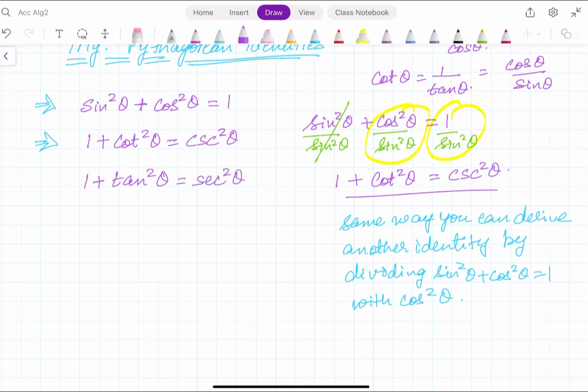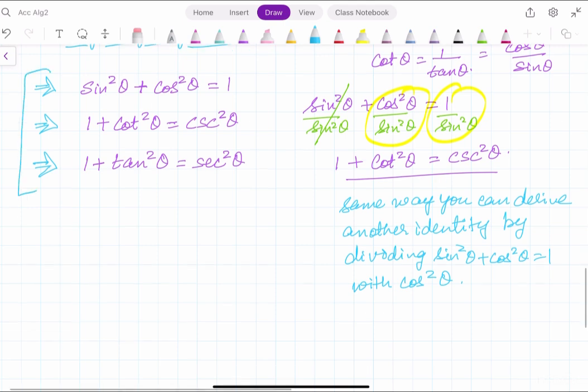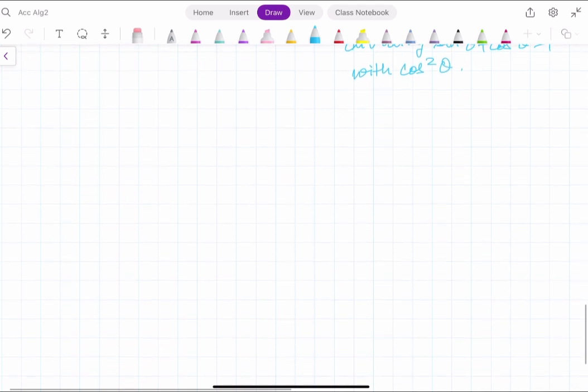So all these three identities are very, very important, and we can derive even more properties out of them by adding 1 or subtracting 1 from both sides. So let's take a few examples.